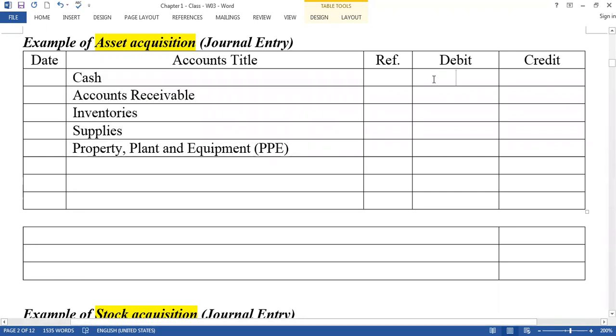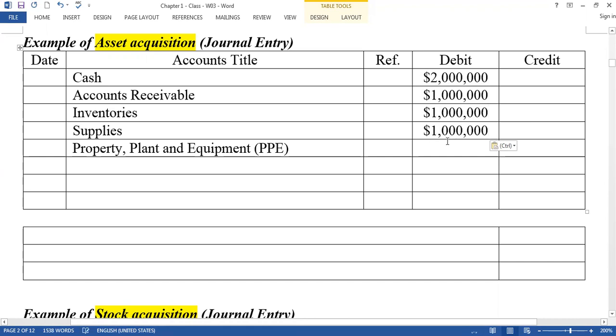So I can put some random numbers, like $2 million for assets. You buy my cash, $2 million. You buy my accounts receivable, maybe $1 million. You can buy my inventories, $1 million.